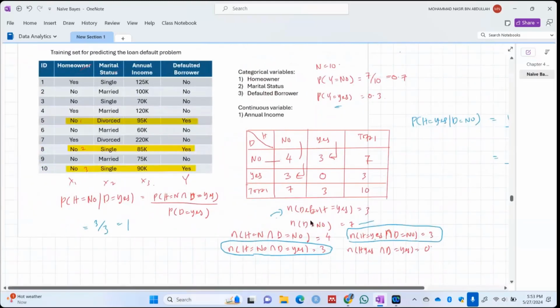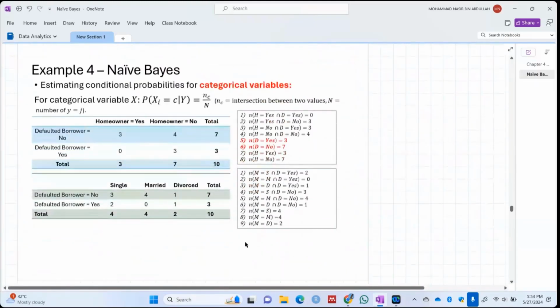So if you refer to the next slide, I already calculated it for you. I made a 2 by 2 table for homeowner and default borrower, and a 2 by 3 table for marital status and default borrower. And I calculated all the numbers of intersection and number of outcome.